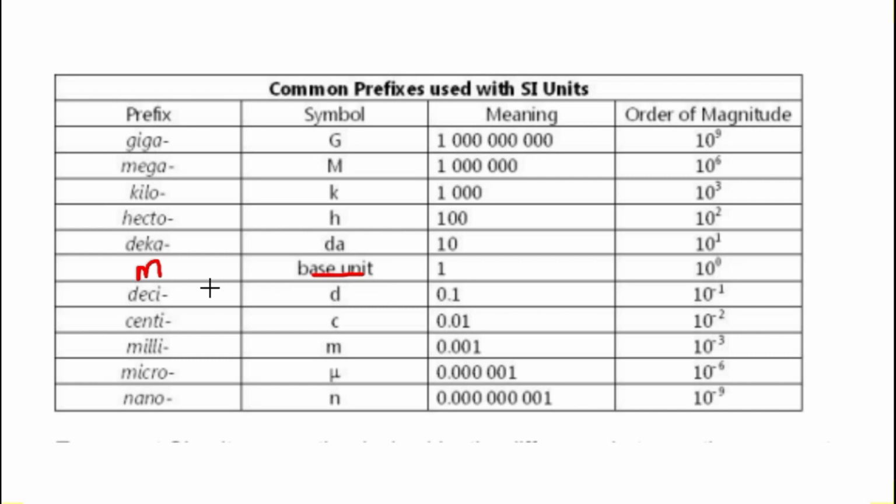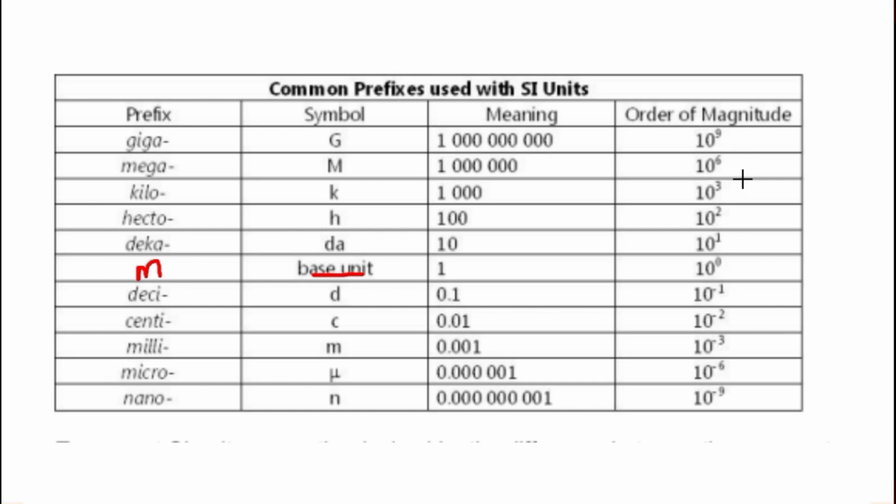Next, let's memorize 10 raised to 1 up to 10 raised to 9. That is deka, hekto, kilo, mega, giga. To memorize this, the order of magnitude will be like this: 10 raised to 1, 10 raised to 2, 10 raised to 3, then multiples of 3.